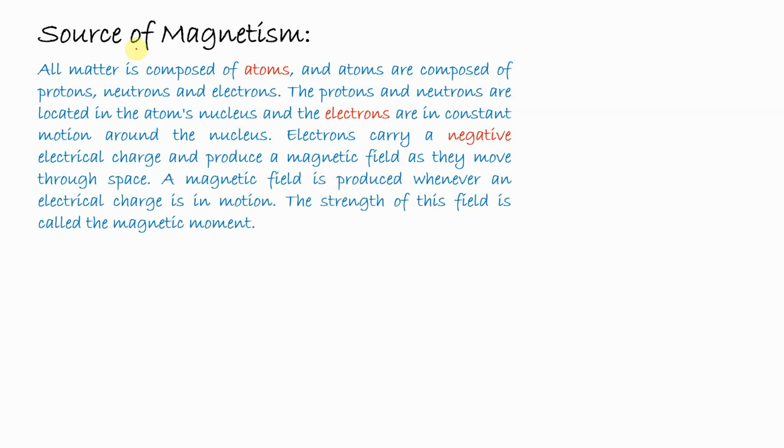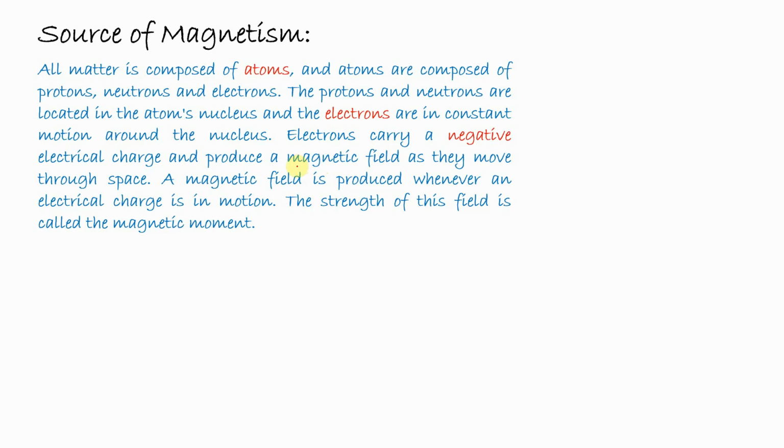So from this we can understand what the source of magnetism is. Basically we know that in the atom there is a nucleus and there are electrons. In the nucleus we have protons and neutrons, and electrons rotate around the nucleus. Electron is considered a negatively charged particle, and if a charged particle is in motion, then it will create a magnetic field.